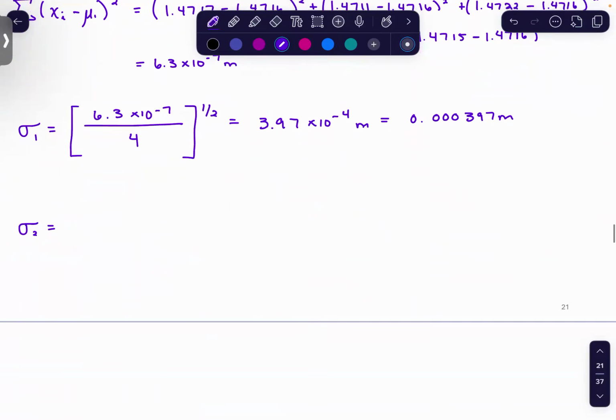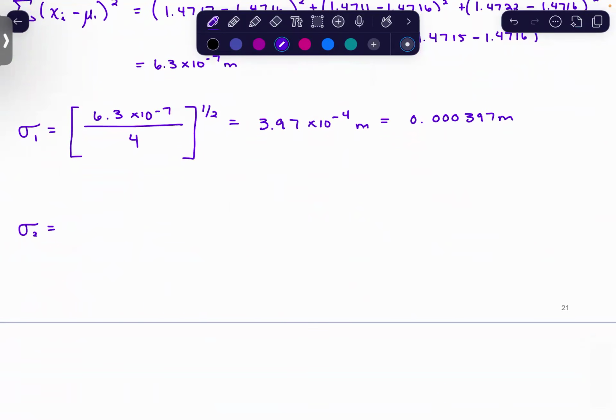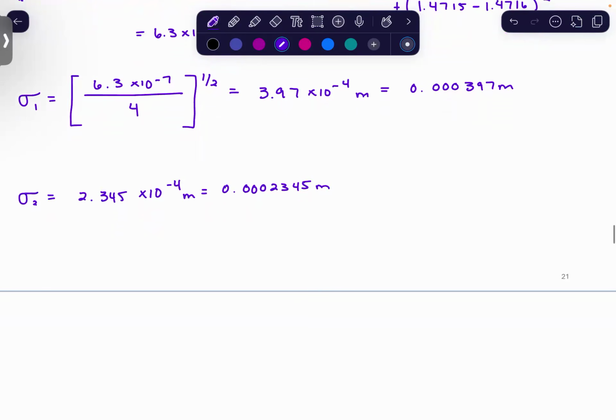So your sigma 2 for student 2 is going to be 2.345 times 10 to the negative 4th meters, or 0.123. Well, that worked out weird. I didn't even notice that before. Okay, meters.